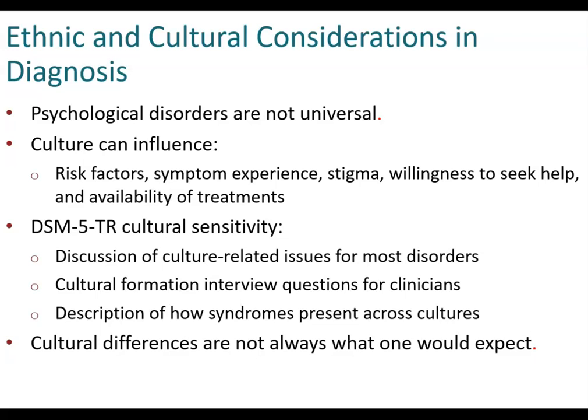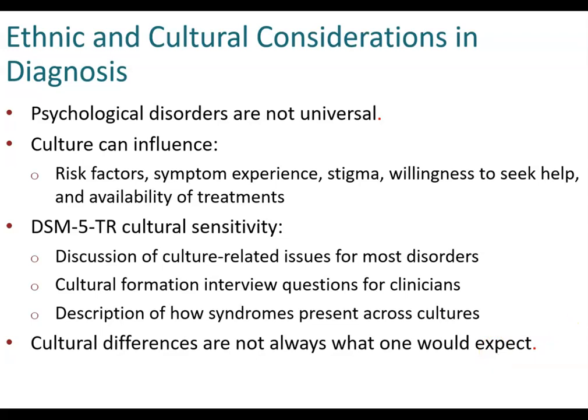So the DSM-5 TR tries to be culturally sensitive. It discusses culture-related issues for most disorders. It has cultural formation interview questions for clinicians and description of how syndromes present across various cultures.